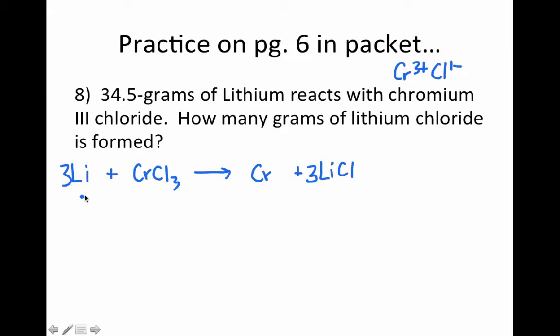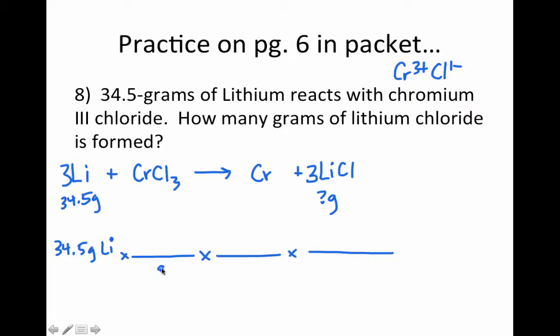And the problem says 34.5 grams of lithium reacts with chromium 3 chloride. How many grams of lithium chloride is formed? So we're going to start our problem. Three steps.